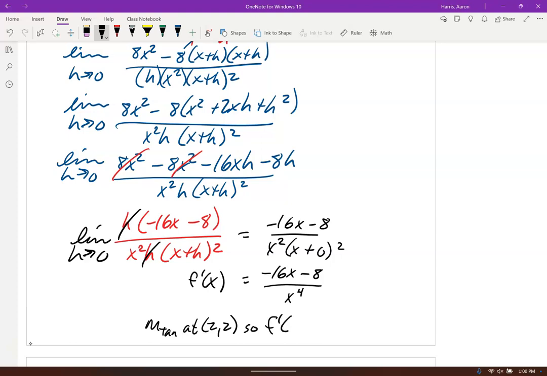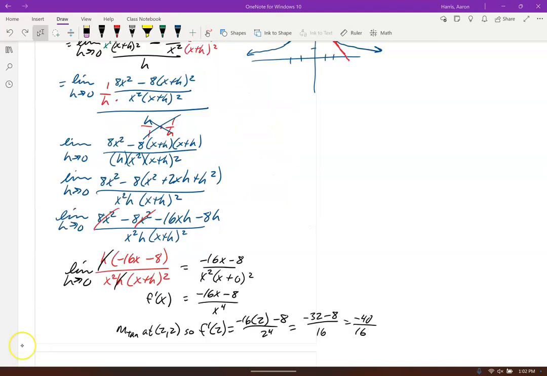So f prime at 2, negative 16 times 2 minus 8 over 2 to the 4th. So I got negative 32 minus 8 over 2 to the 4th, which is 16. So I got negative 40 over 16. Guys, I'm so sorry. I totally jacked this up. I had a stinking error right here.